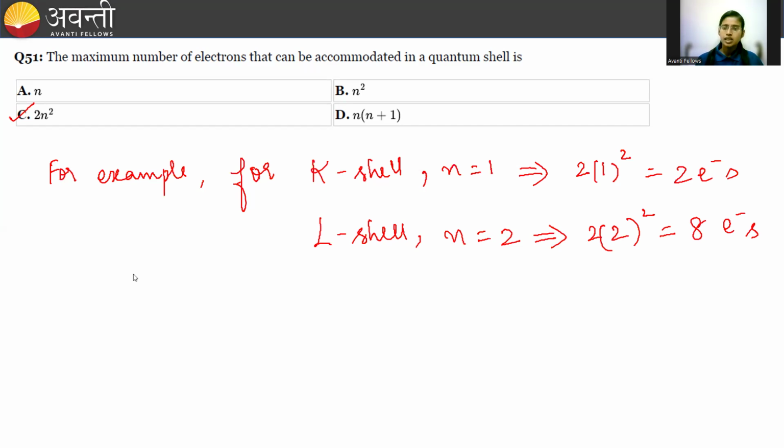So 2, 8, 18. So the number of electrons goes like this for the respective shells. Okay. So the maximum number of electrons that can be accommodated in a quantum shell is calculated using the formula 2n square. Okay. Fine. Now let's go for the next question.